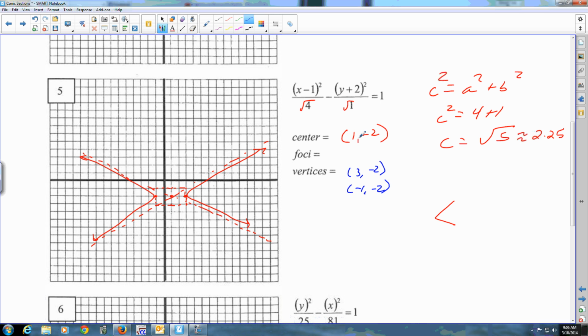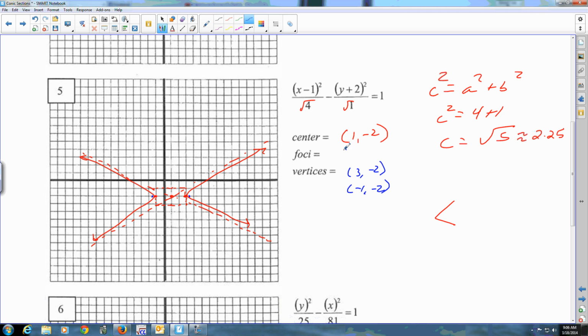Then I go c units from the center, so 2 1/4 units each way. It's really tight right in there. Those are the foci.